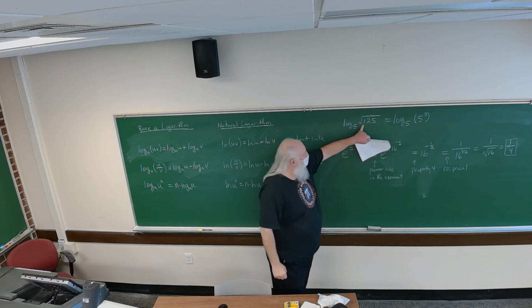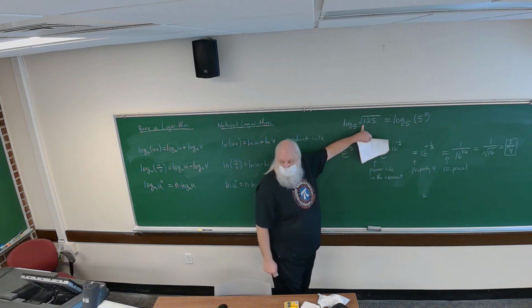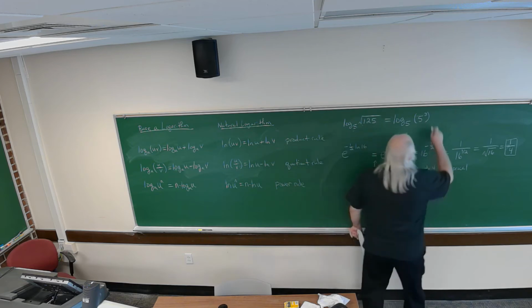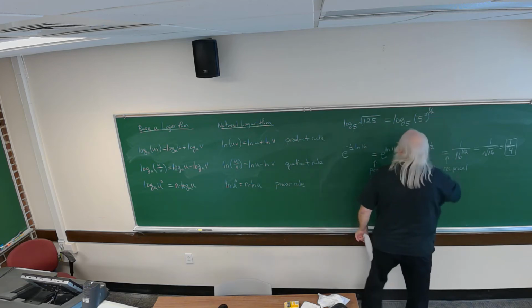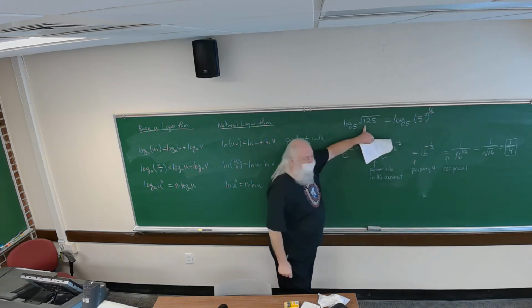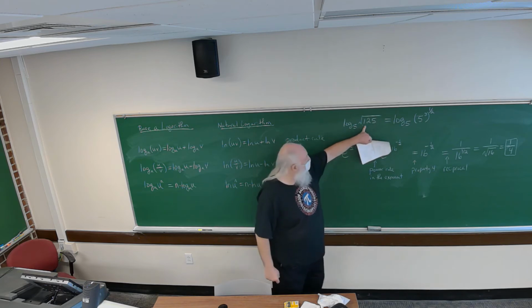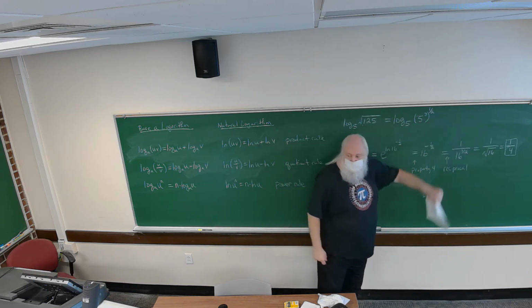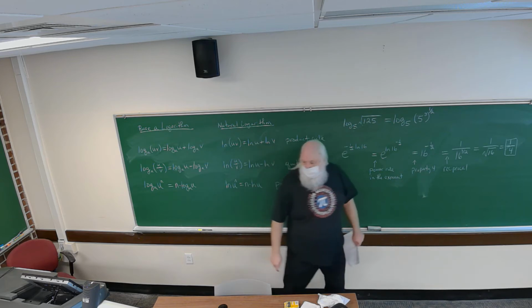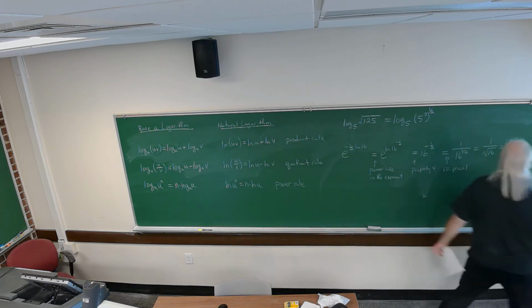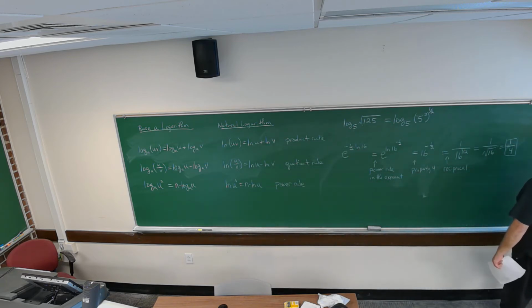When you take the square root of something, that's the same as raising it to the 1/2 power. So the square root of 125 is the same as 5 cubed raised to the 1/2 power. Just a reminder, square root of x is x to the 1/2 power.